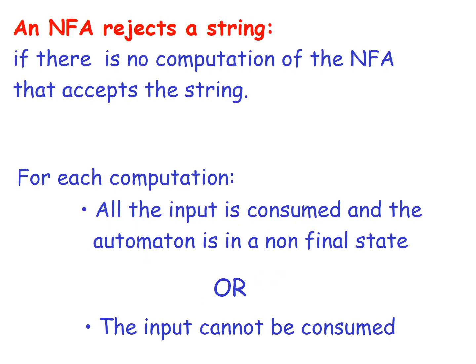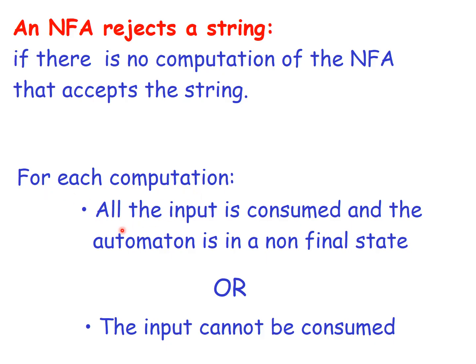Okay, then let's move to the next topic, the overall summary of the previous two slides. An NFA rejects a string if there is no computation of the NFA that accepts the string. There are two cases here.